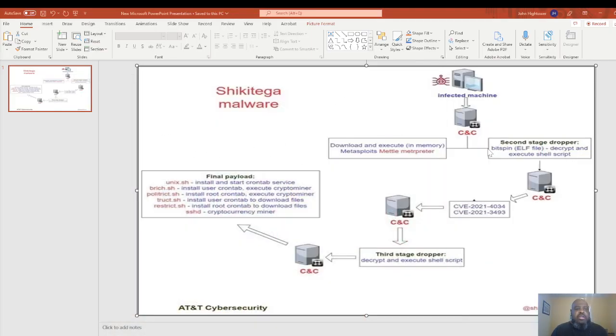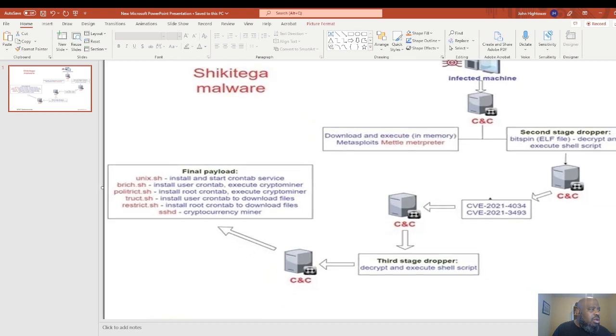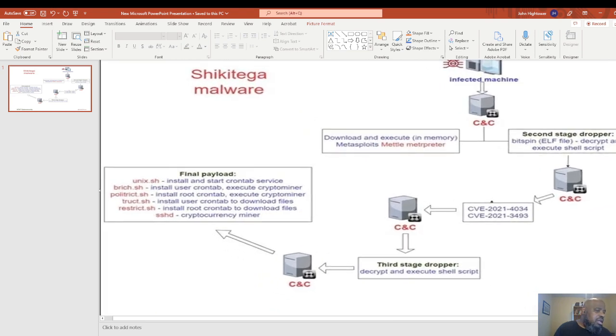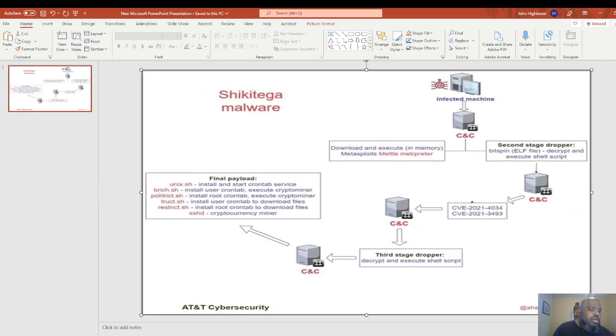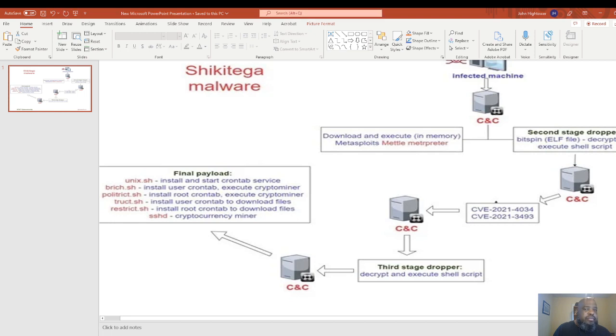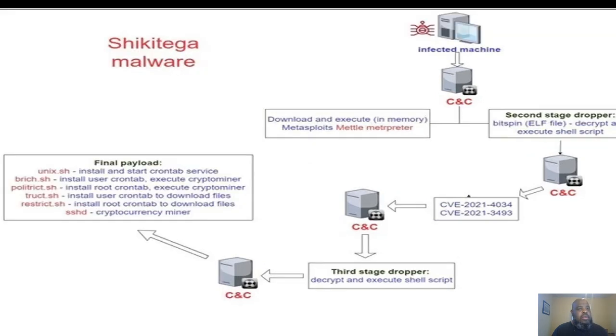So let's just walk through at a high level what that would look like. They had a diagram in the article, so let's walk through the diagram before we get into the article. You have your infected computer at the top, command and control.